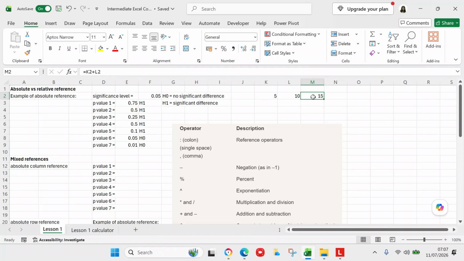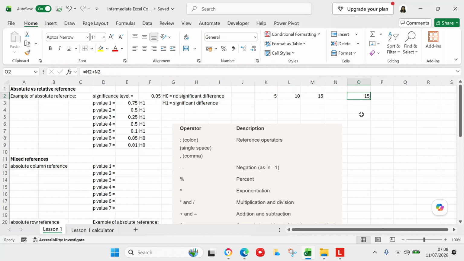But let's say you want to move the formula, because there's a formula in the cell. We do Control C to copy it, and we move it over to O, Control V to paste it. So now rather than being in M2, it is in O2.